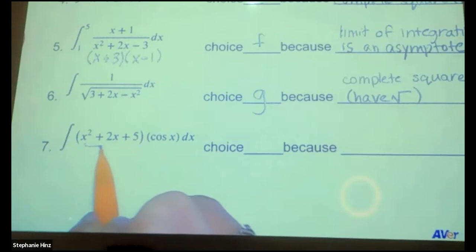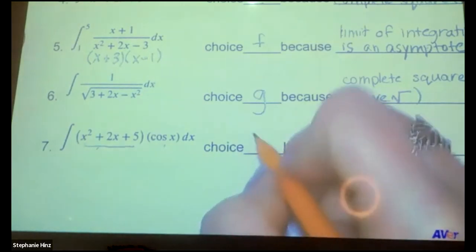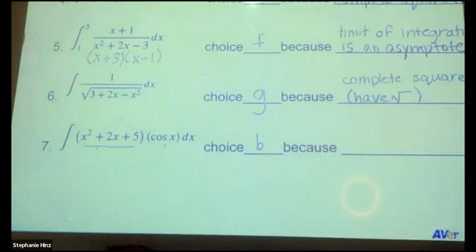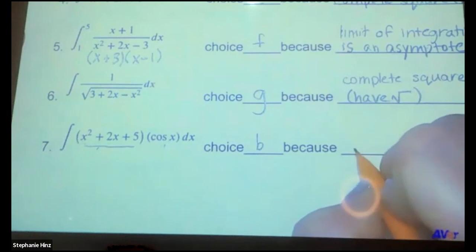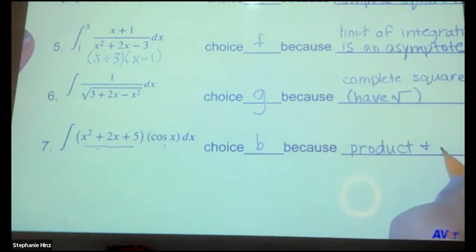But if you take the derivative of this, you're not going to get this guy. And if you take the derivative of this, you're not going to get this guy. So this is integration by parts. And it's because it looks like a product and neither is the derivative of the other one.